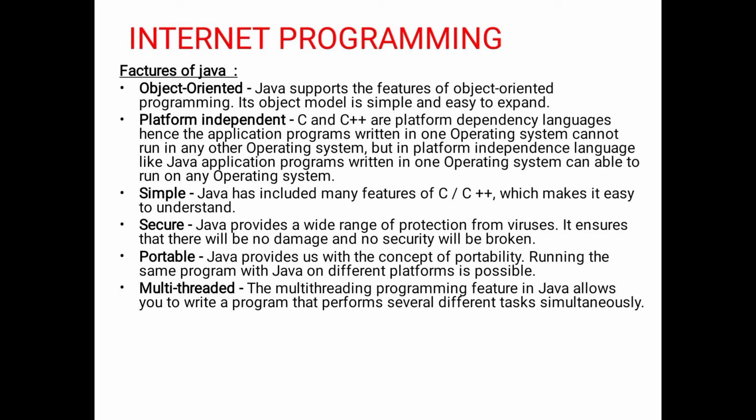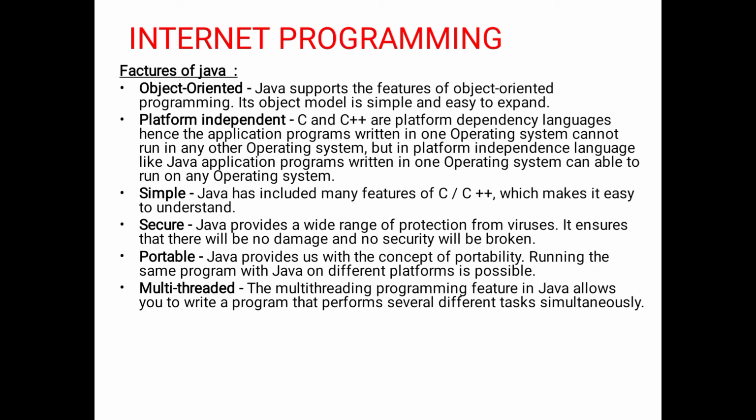The next one is Java is very simple. Java has introduced many features of C and C++, which makes it very easy to understand, right? And the next feature is Java provides security, right? So here Java provides portability, running on any platform, right?